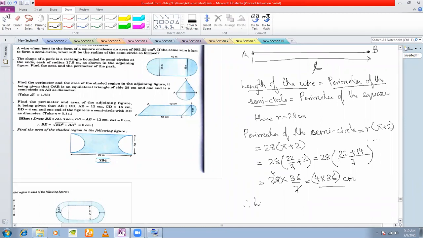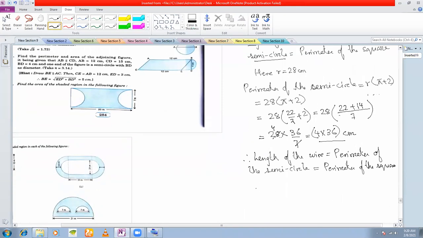So therefore, length of the wire must be equal to perimeter of the semicircle, must be equal to perimeter of the square, must be equal to 4 into 36. This is what we have got. Now we see that the perimeter of the square must also be equal to 4 into 36.